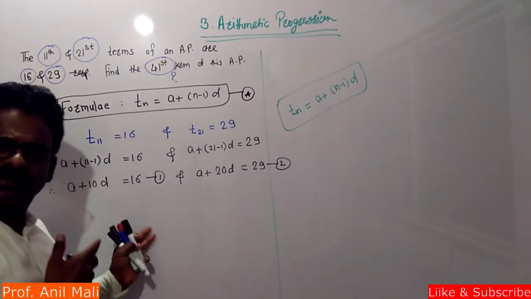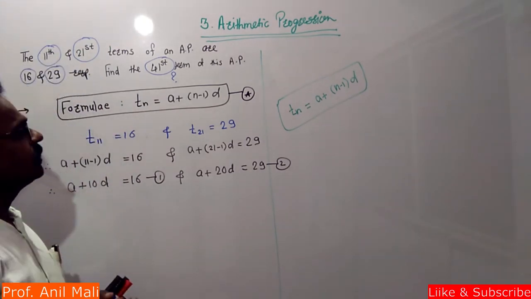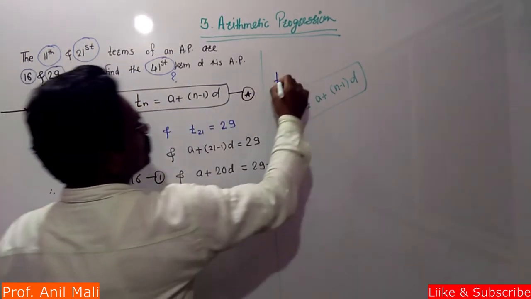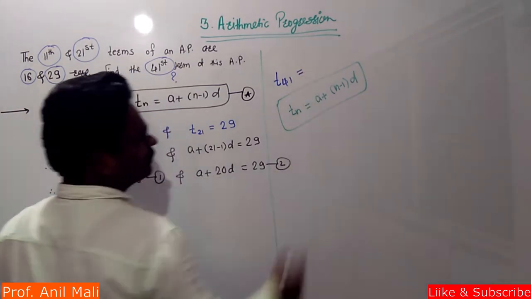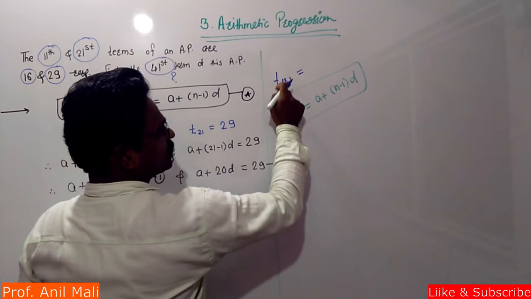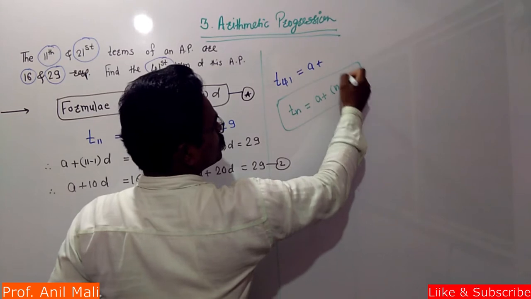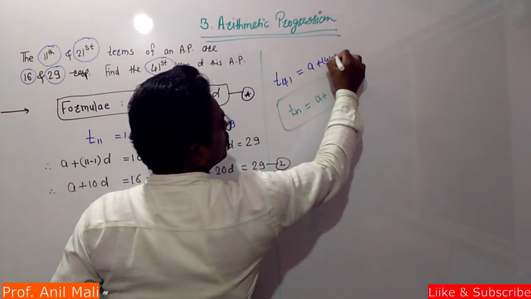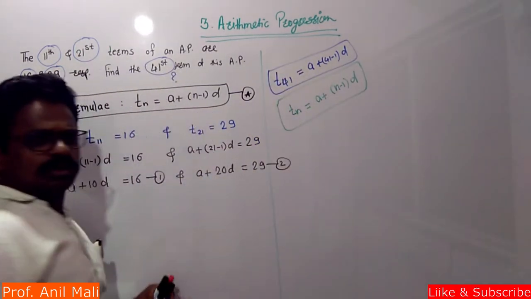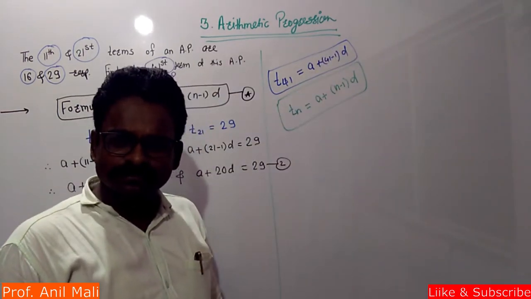Now the question is why are we doing this? We need to find out the 41st term, so why should we do this? What will be the formula for the 41st term, T41? Tn is equal to a plus n minus 1 into d, so T41 is equal to a plus 41 minus 1 into d. So students, do we have this a and d in the question?